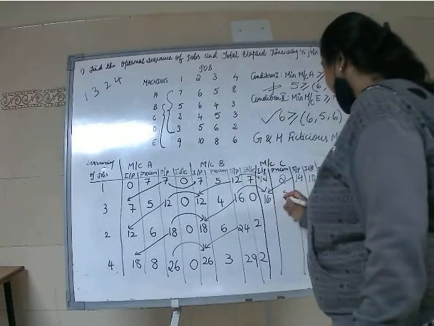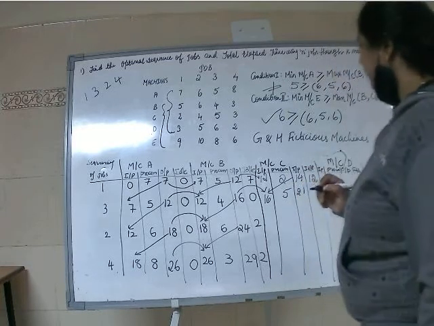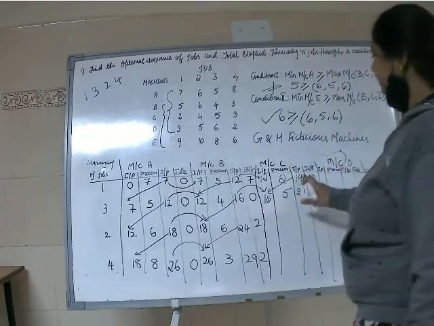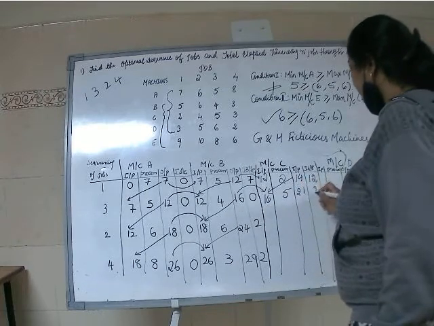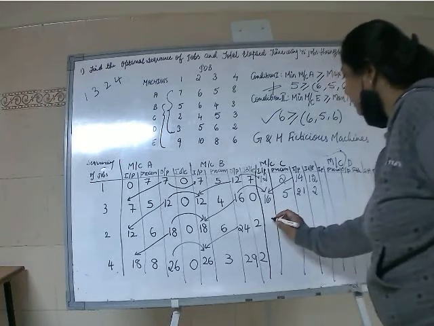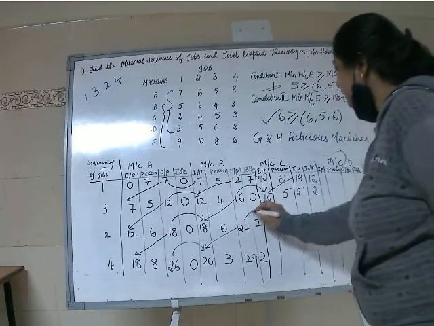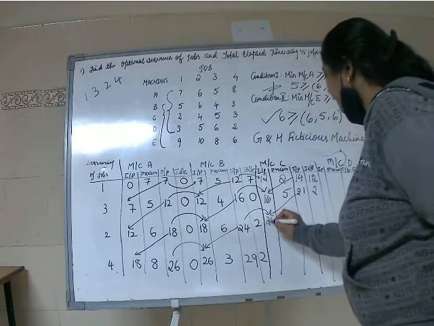So it is 21, and if I subtract for the idle value, that is 16 minus 14, it goes to 2.